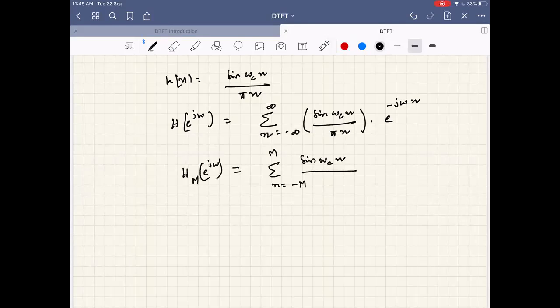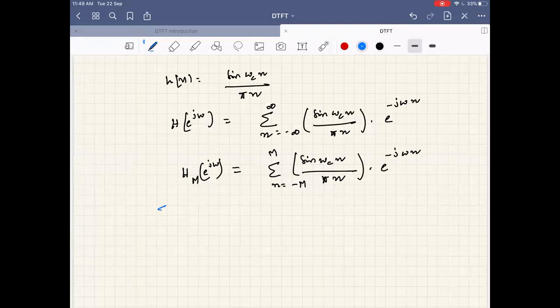Will this H_M of e power j omega be equal to H of e power j omega? The answer is yes, provided M is reasonably high. So how high should M be? That we can assess, and that is what is ensured by mean square convergence.